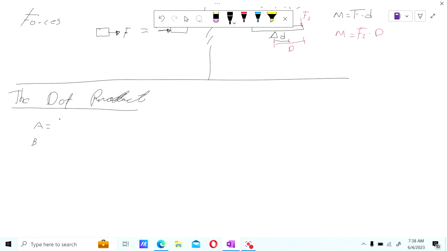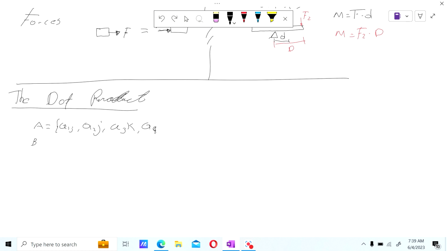Vector A has components A1 I, A2 J, A3 K, and A4 T. Let's say it has a time component.